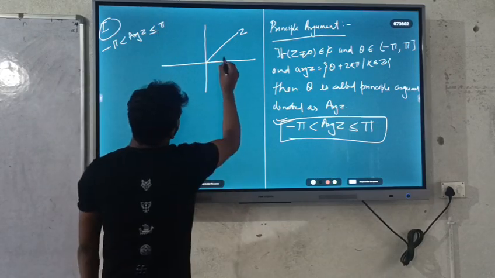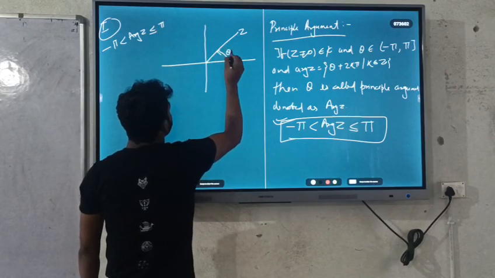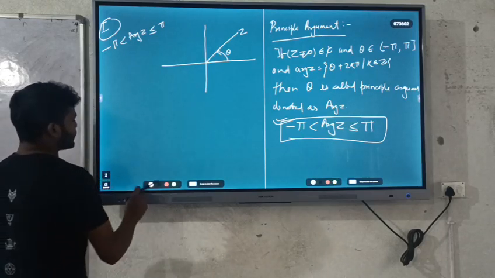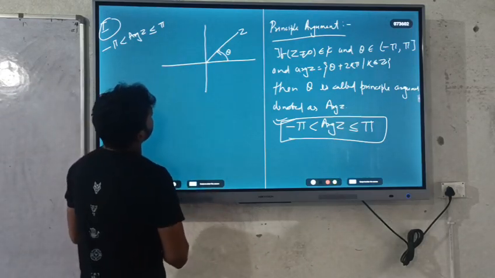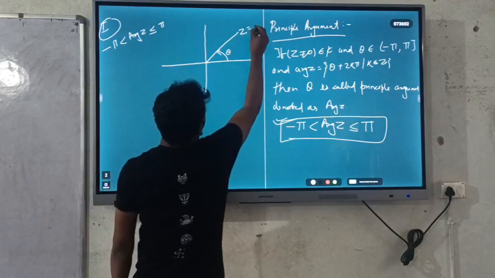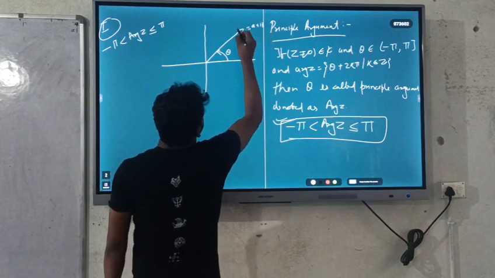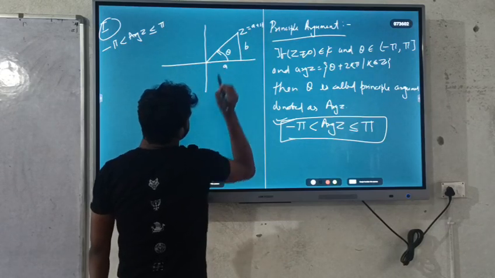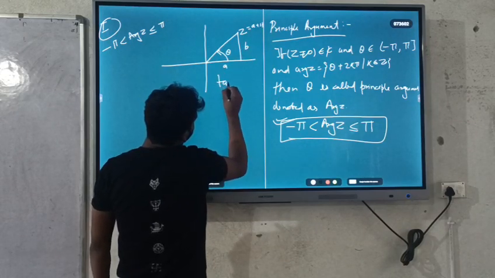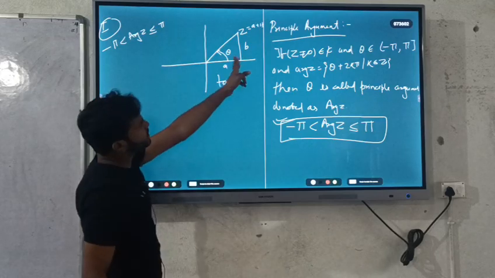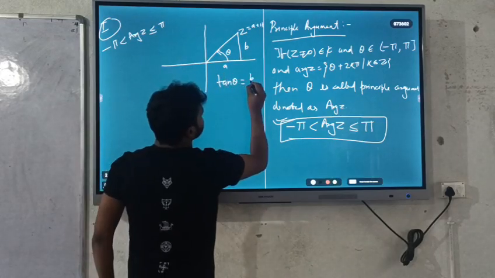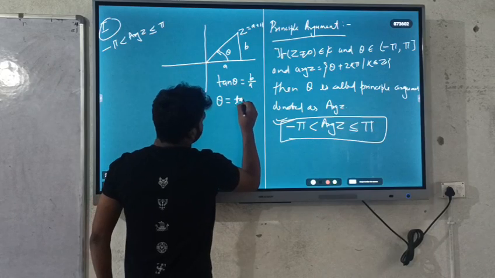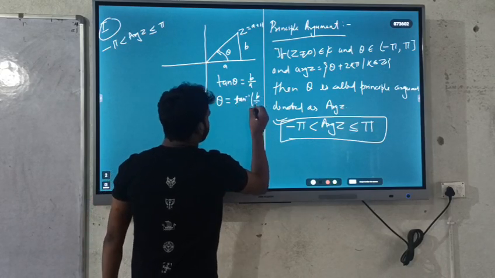Then the argument of this is theta, and if I want to calculate this theta, this distance is b and this distance is a. Then we use the trigonometric function tan theta, which is equal to b by a. We know this concept from trigonometry. So theta is equal to tan inverse b by a.